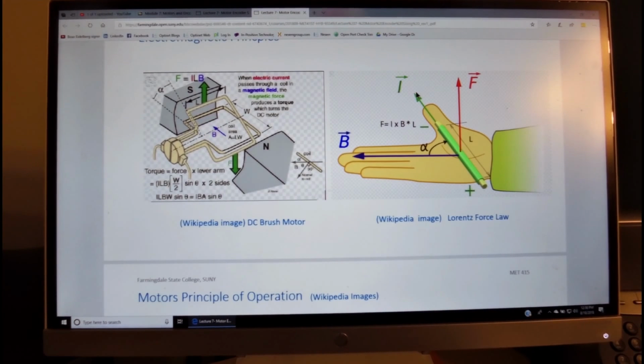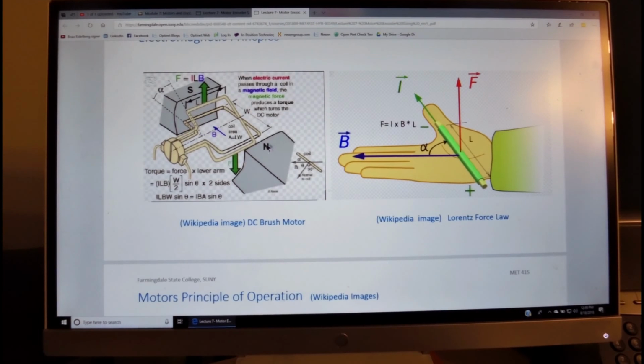I is measured in amps. The flux is measured in Tesla. Tesla is, by the way, 10,000 Gauss. Sometimes it is measured in Gauss. If B is in Tesla and I is in amps, the cross product of these two vectors gives us the direction of the force. And the force will be in Newtons when I cross B is multiplied times the length of the conductor.